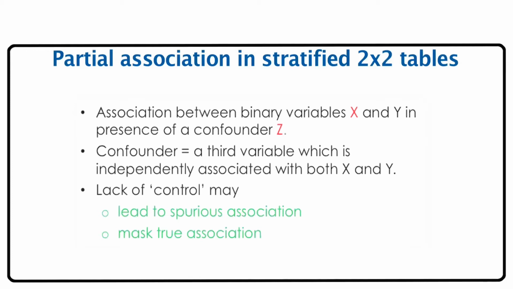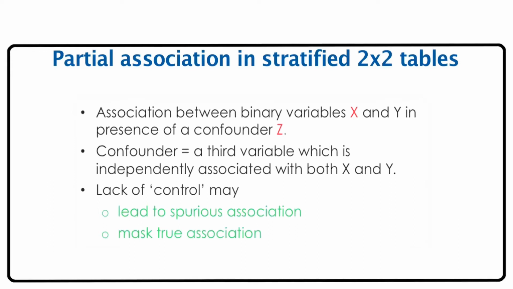Now note that I have said something about being independently associated with both x and y. This means that the association between z and x and the association between z and y are not necessarily linked, and a violation of this can happen if z is in the causal pathway between x and y.